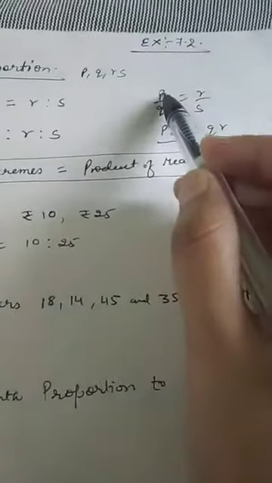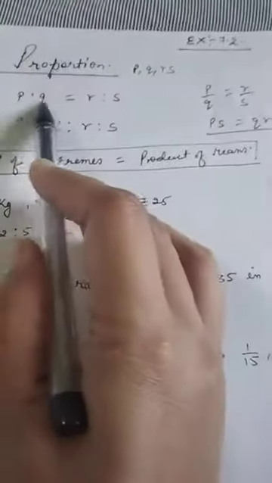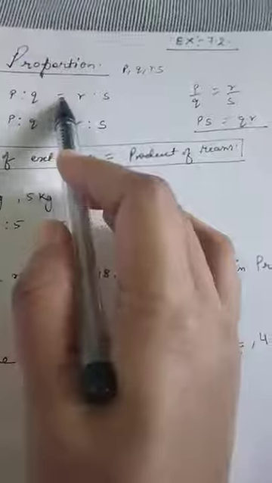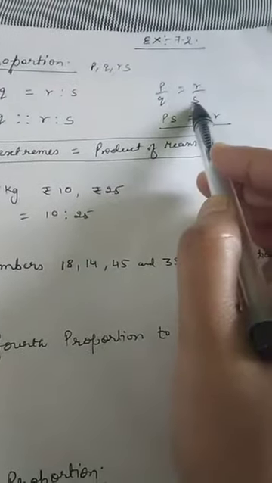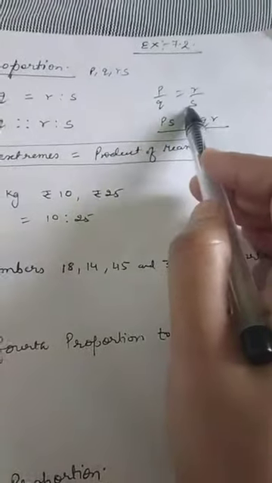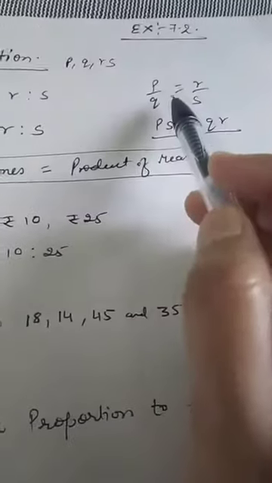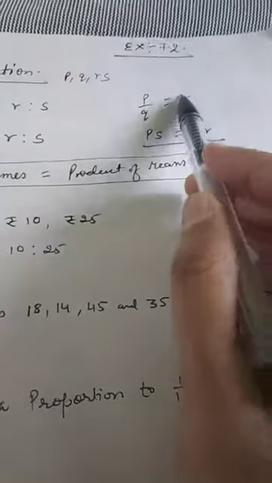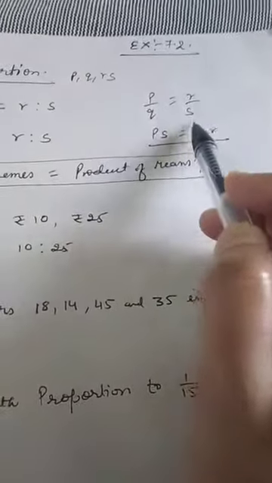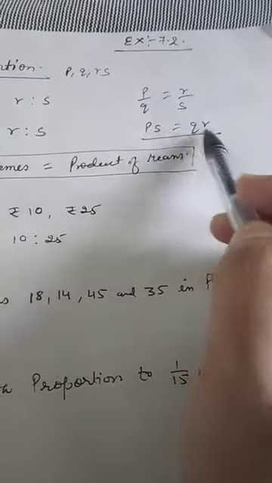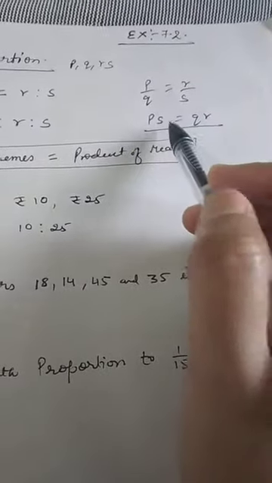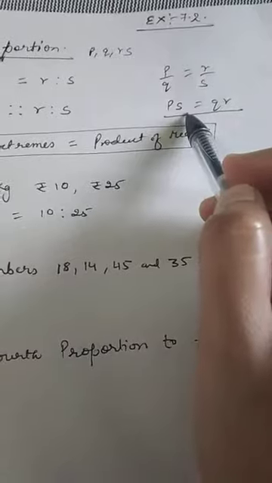We can write P is to Q as P by Q equal to R by S. If we cross multiply, P into S and Q into R, and they are equal, then we can say that it is in proportion.